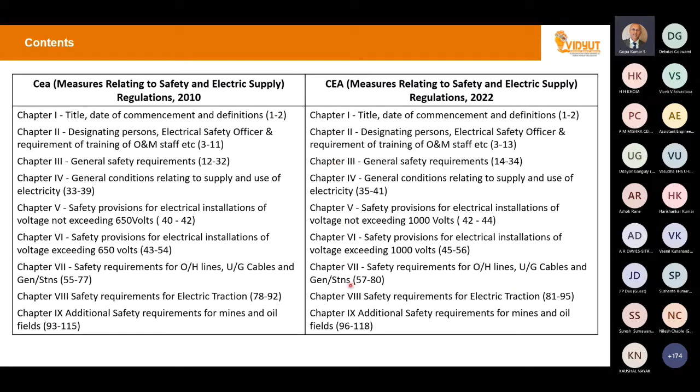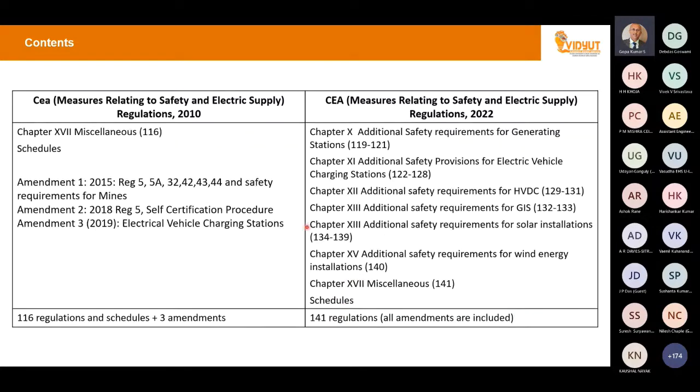Almost the chapters are following the same way, but there are some additional requirements. The additional requirements were actually from the amendments which were made during or after 2010 until 2019. Amendment 1, Regulation 5, 5A, 32 and all. Amendment 2, Amendment 3. Now, all these amendments are included in the main regulation.